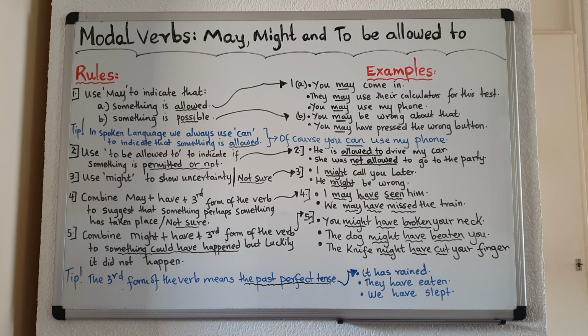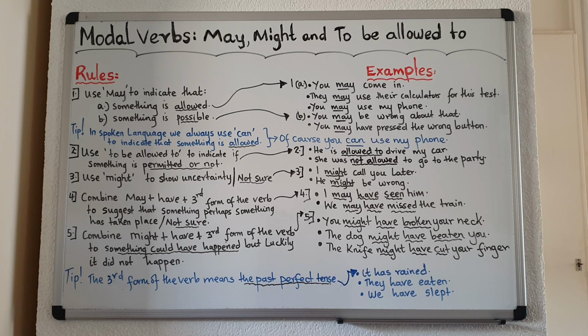Okay? Remember, use may to indicate that something is allowed or that something is possible. Remember to use to be allowed to indicate if something is permitted or not, if something is allowed or not. Use might when you're not sure.